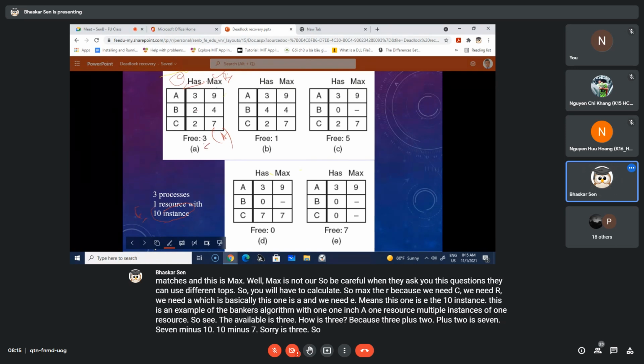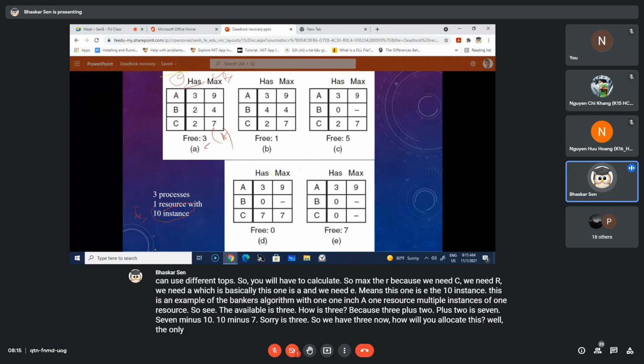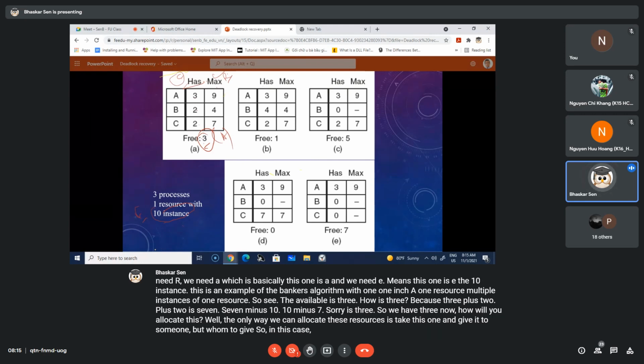So we have 3. Now, how will you allocate these resources? Well, the only way we can allocate these resources is take this one and give it to someone. But whom to give? So in this case, we give 2.